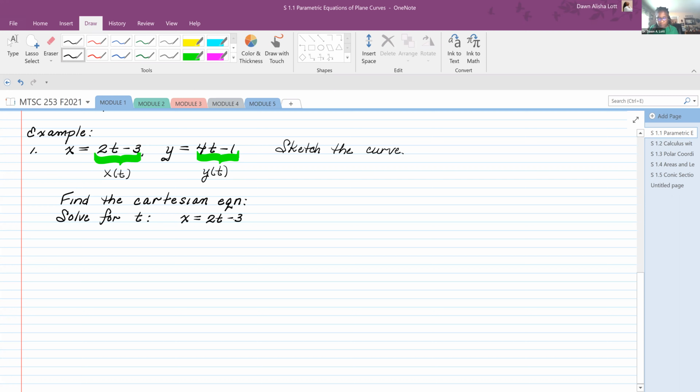So when I solve for t, I get x plus 3 is 2t, so t becomes 1/2 times x plus 3. Now I'm going to put that into my y. So y is 4 times 1/2 times x plus 3.